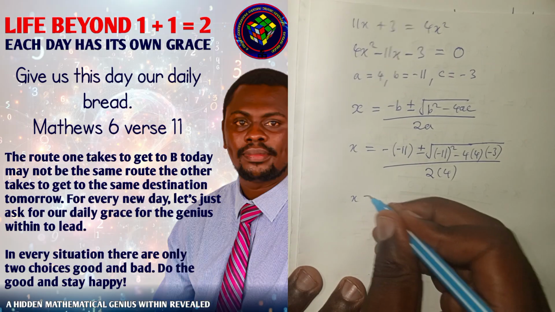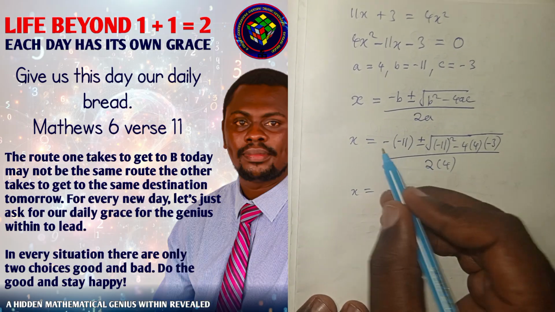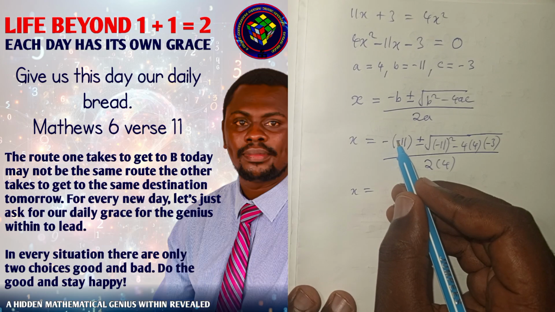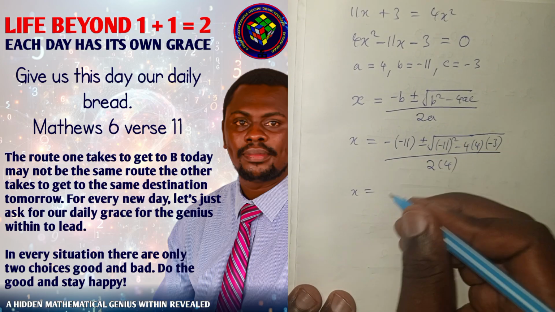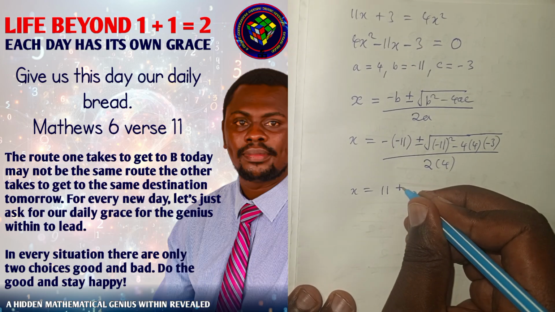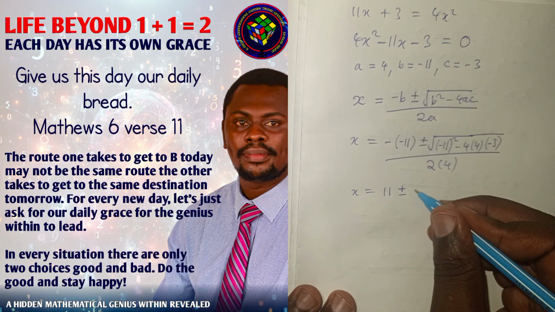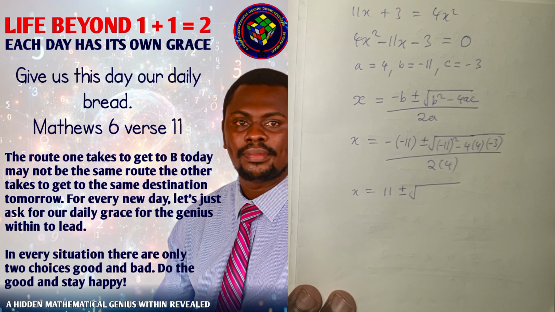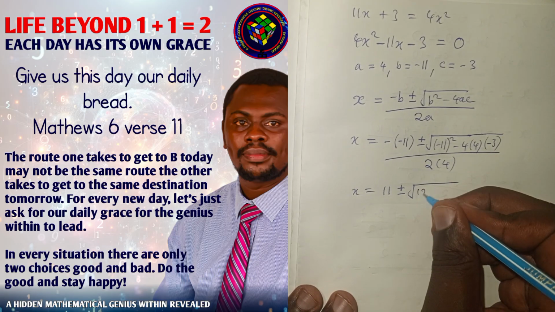Okay, so x is equal to, here negative multiplied by negative is positive, so we're going to have 11 plus or minus the square root of, what is negative 11 squared? Yes, you get 121.